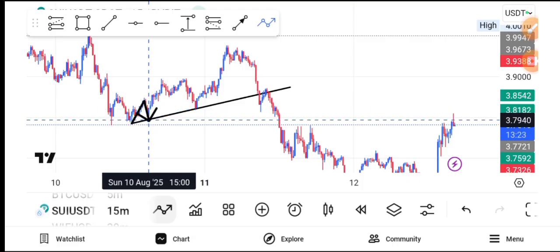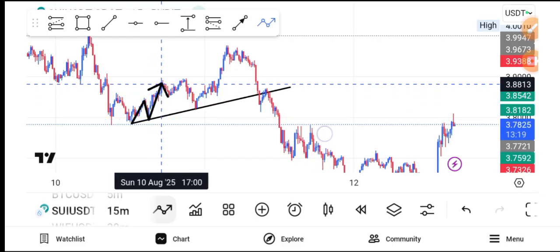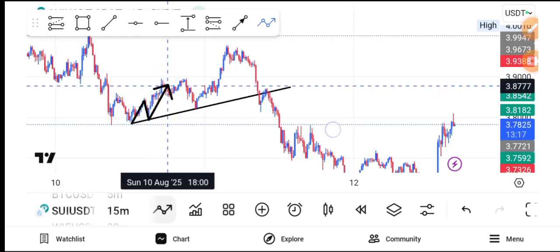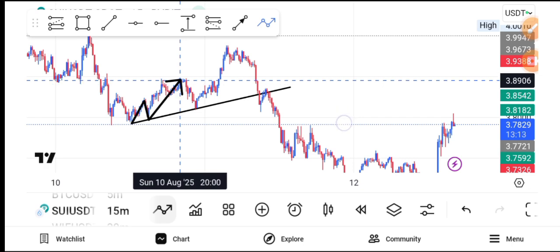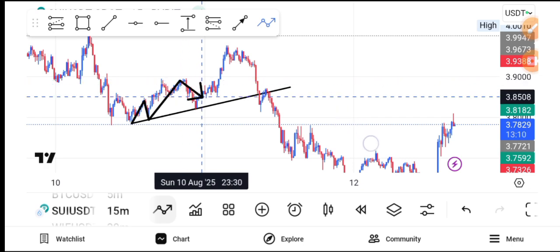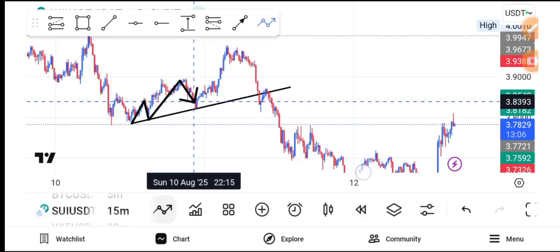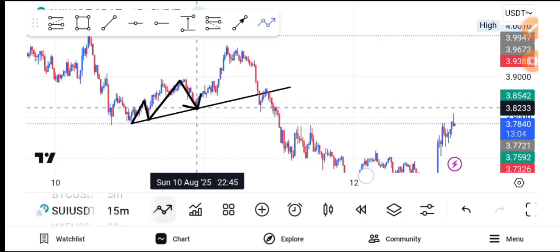It retraced to the trend line, it rejected, it went up to this high, and it retraced down to the trend line. So if you check this movement, you see that it's up, it's not coming down. So this is what we mean by uptrend.